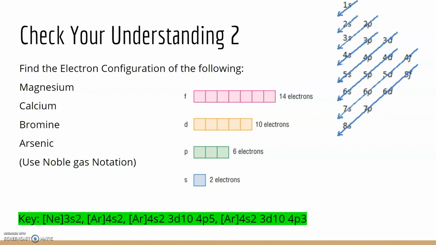And calcium, instead of writing 1s2, 2s2, 2p6, 3s2, 3p6, 4s2, you can just shorten the whole first part and substitute it with argon, because argon is the noble gas with the most electrons that comes before calcium, and then just write 4s2.